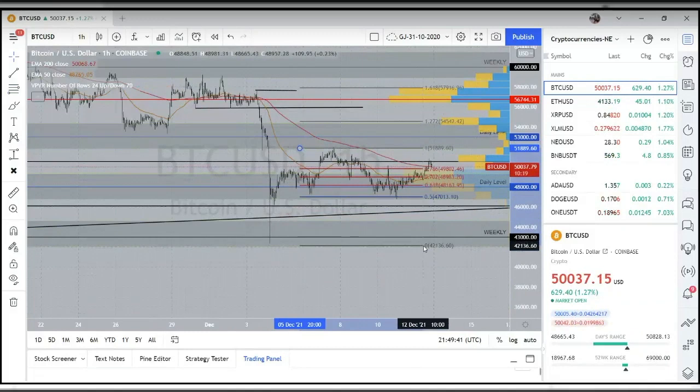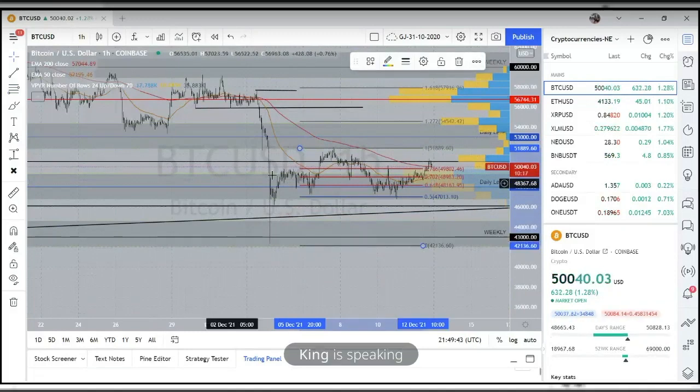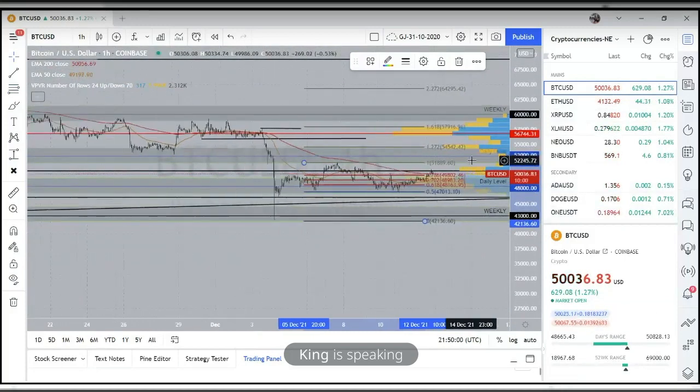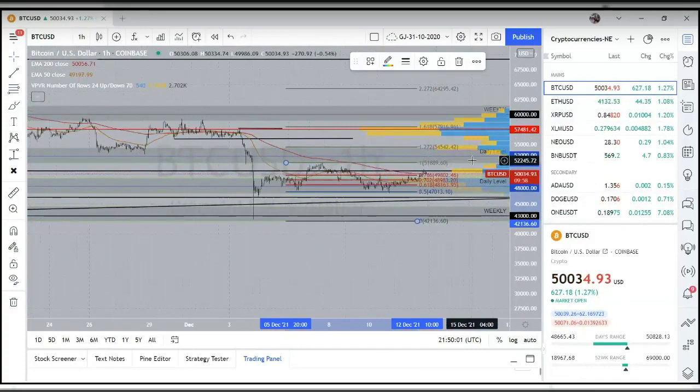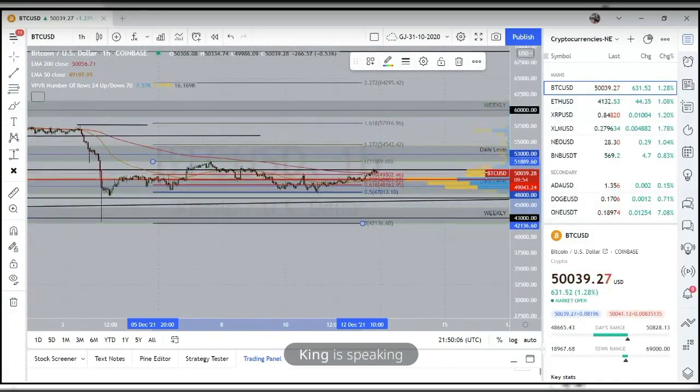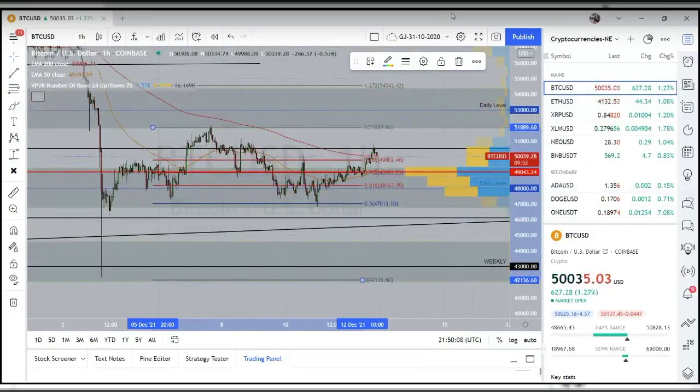So we're now looking at a possibility to trade back to around 40k, possibly 58k, and possibly higher if you look at higher targets. But yeah, I don't really want to be looking too high right now. I would say get back above 53k and reassess.